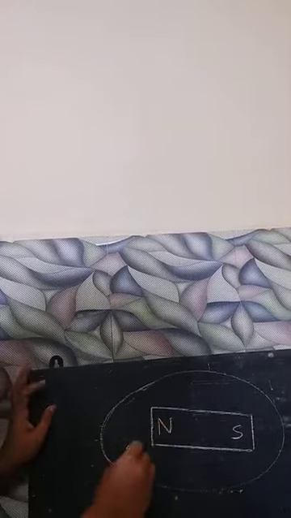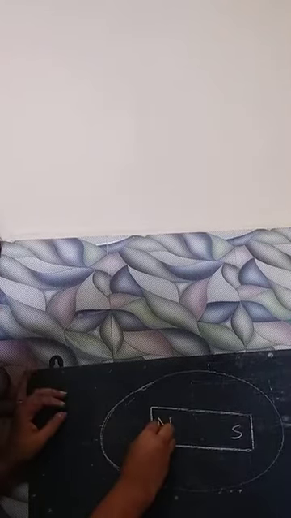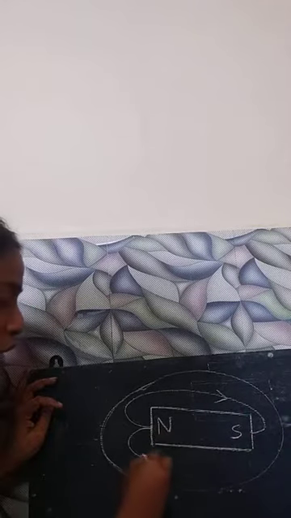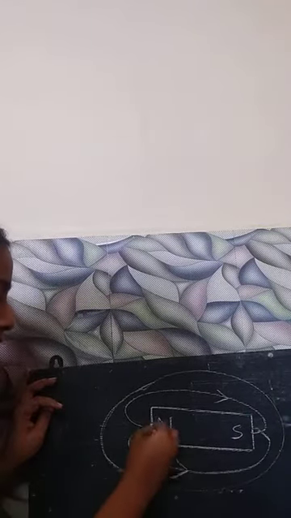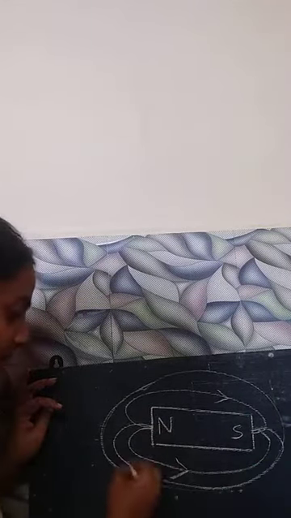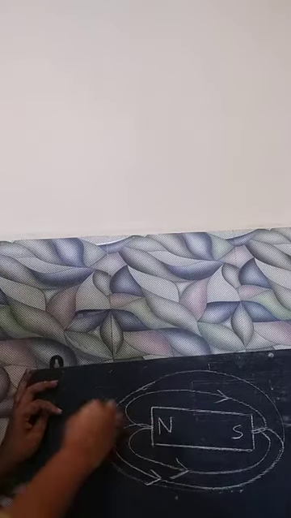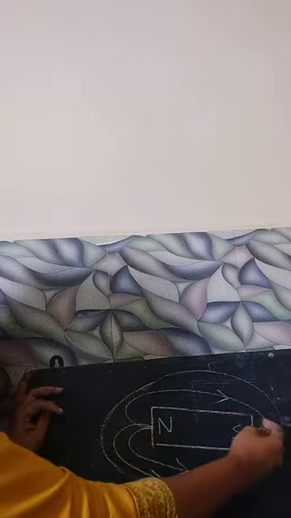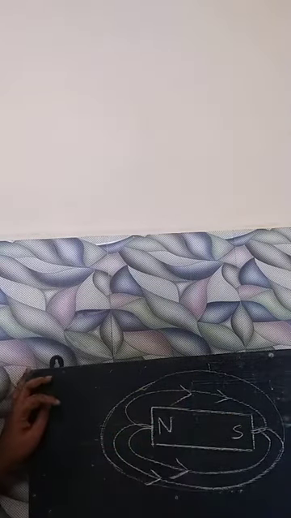So, magnetic lines of force always start from the north pole and end at the south pole. Always this loop is produced. From the north pole it exits, and at the south pole it enters. Okay.